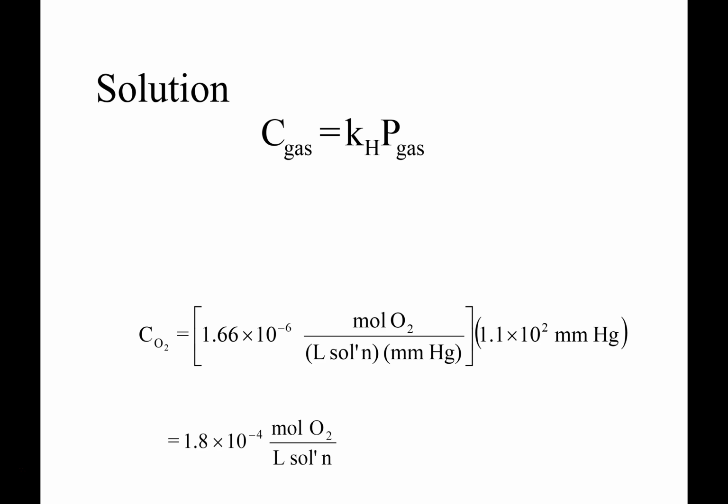So if that's the case, can you see where all we got to do is get it from moles per liter to milligrams per liter? So how do we go from moles to grams? Molar mass. Exactly. So what's the molar mass for O2? 32.00 grams per mole. Yep.